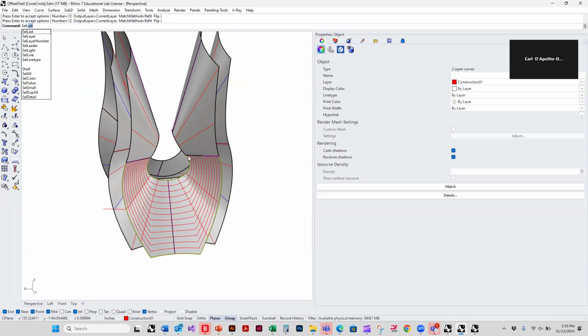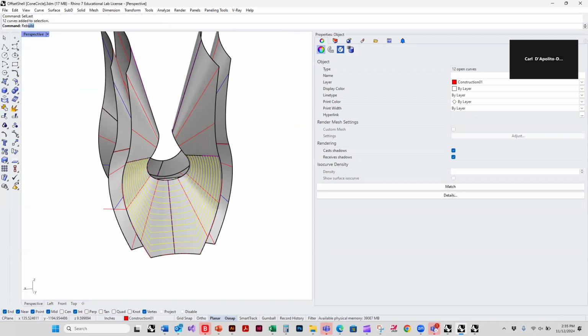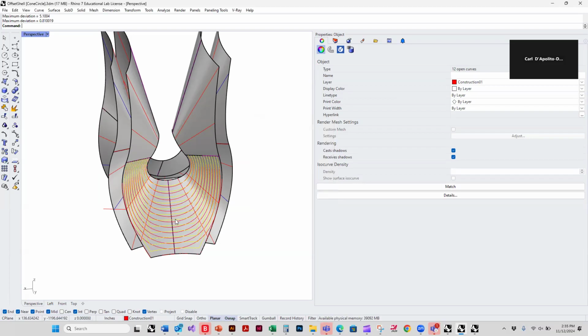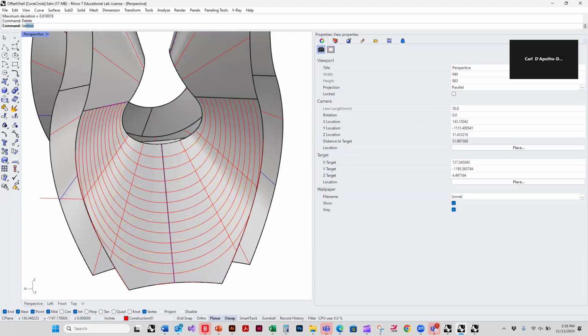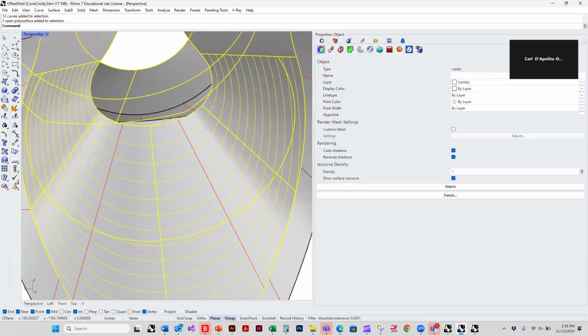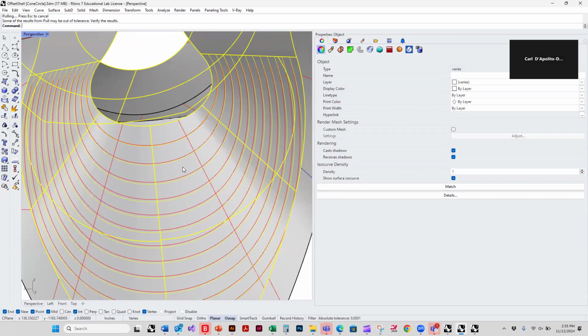Then I selected all of those, rebuilt those with less points, so they're smoother, with a degree 3. And then fold them back to the surface.